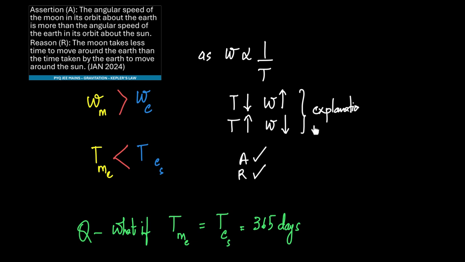So this clearly explains the reason for omega of m being greater than omega of e. Therefore, assertion is correct, reason is also correct, and this reason explains the assertion, which means both of these are correct and is the correct explanation, which means the correct option would be option C.